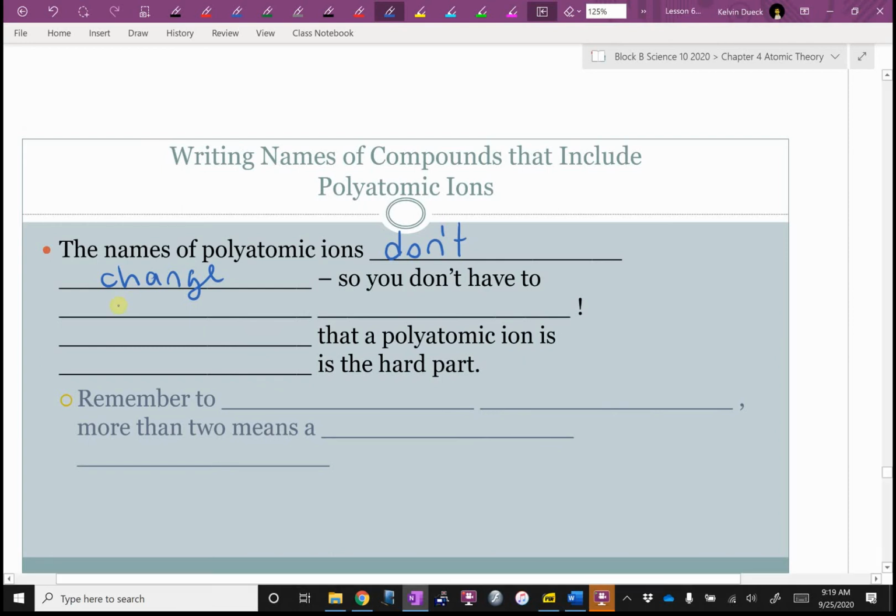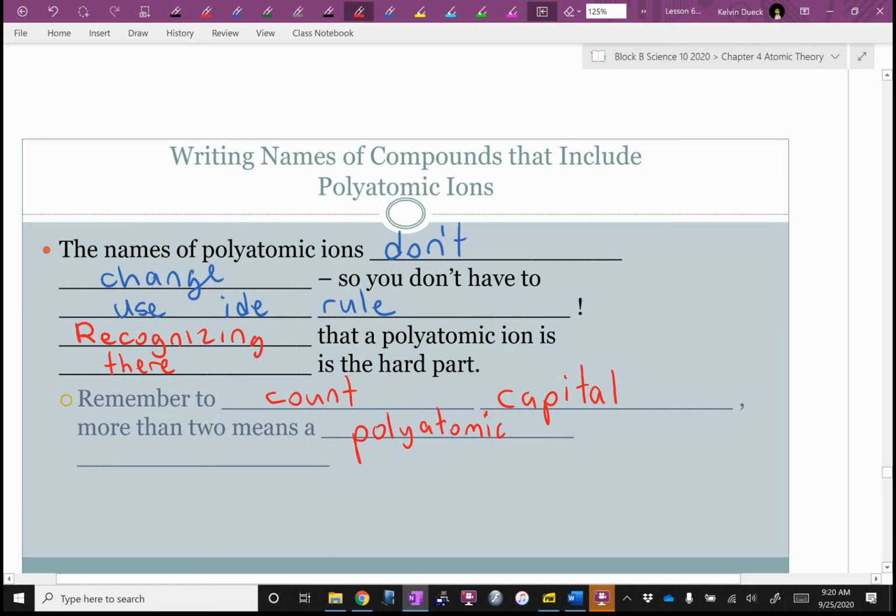Really, the trickiest part is recognizing that the polyatomic ion is there. So again, the trick is count capital letters. More than 2 means polyatomic.